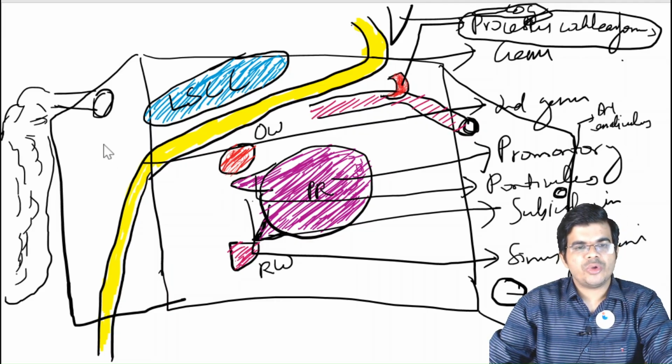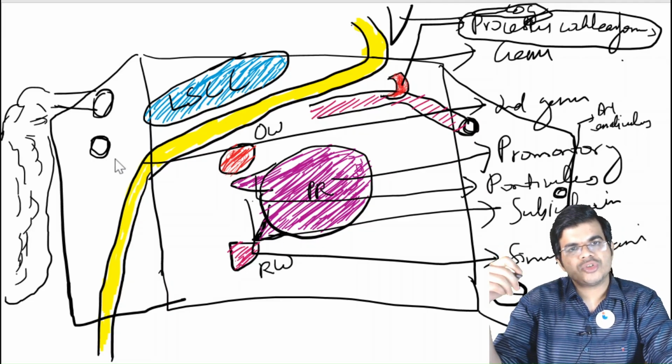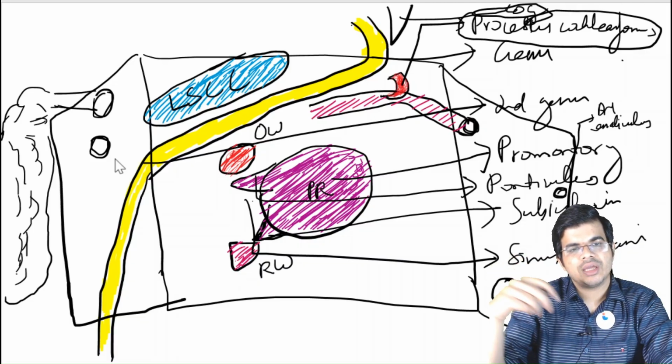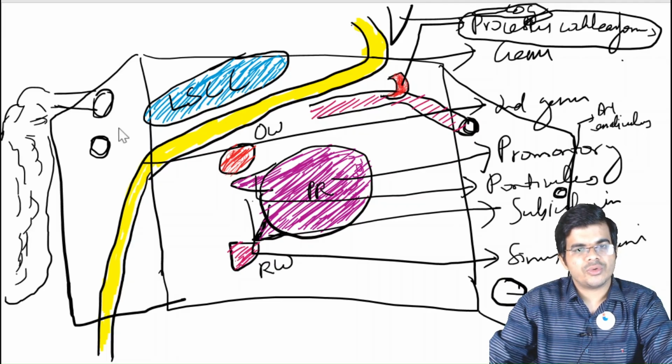And just below that, you have the fossa incudis. It is on the fossa incudis that the short process of the incus is lodged. This is the fossa incudis, and this is the aditus.